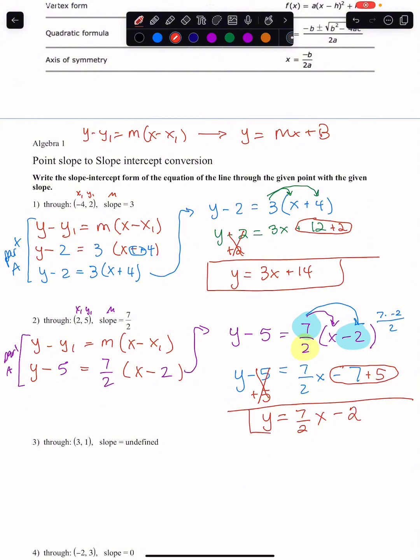This is our answer. If you were to plug this into Desmos, it will go through 2 comma 5.